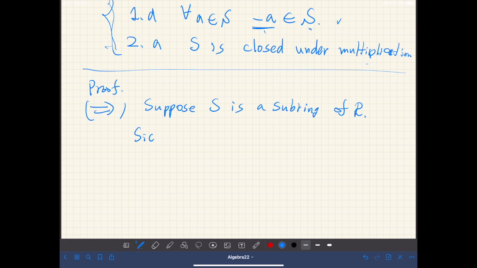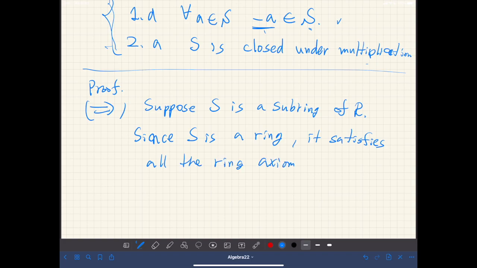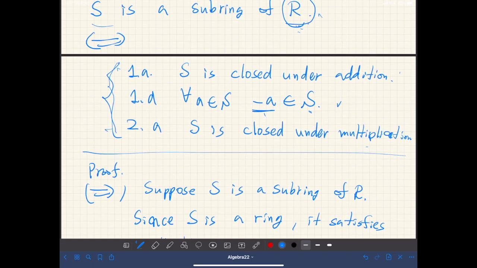Since S is a ring, it satisfies all the ring axioms, which includes these three. So we are done.